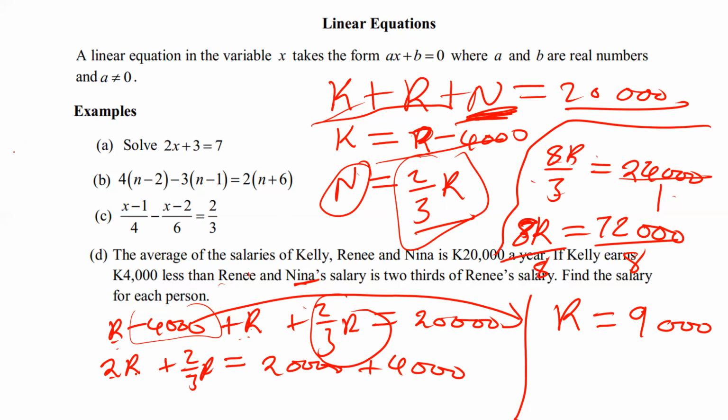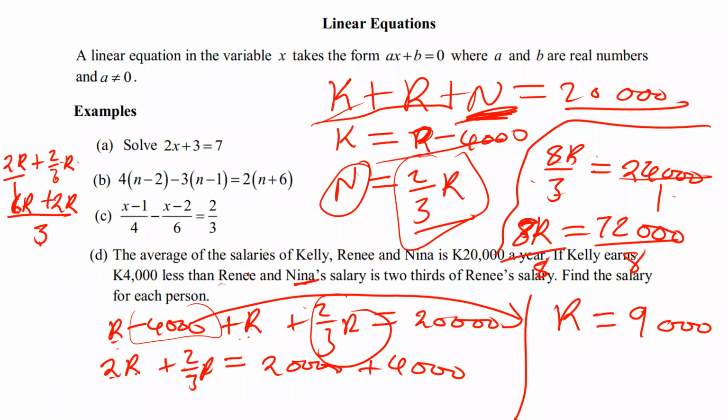So we have 2R plus 2/3R. So I'm trying to add these two fractions. So the common denominator is 3. 1 into 3, the answer is 3. 3 times 2R, the answer is 6R. 3 into 3, the answer is 1. 1 times 2R, the answer is 2R.